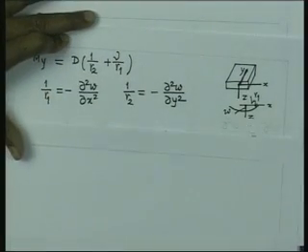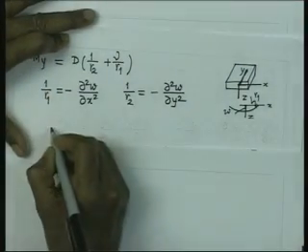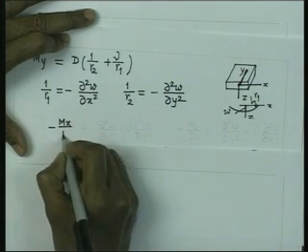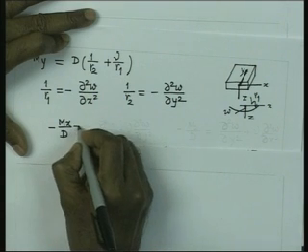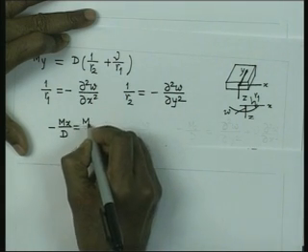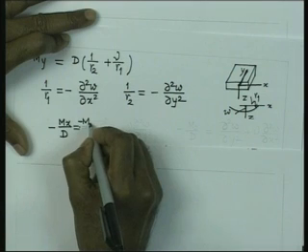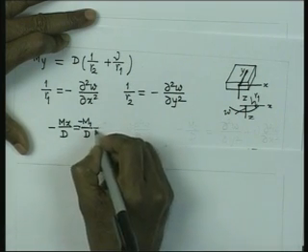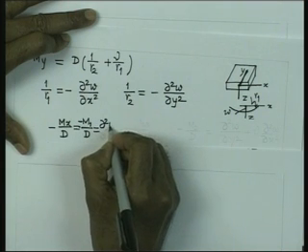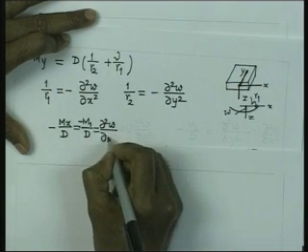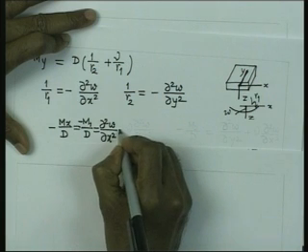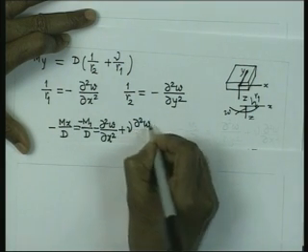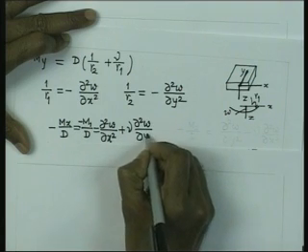So, finally, if we substitute all this, we find that minus Mx by D, we can consider it to be, let us say, minus M1 by D, is equal to delta 2 W by delta x square plus nu times delta 2 W by delta y square.